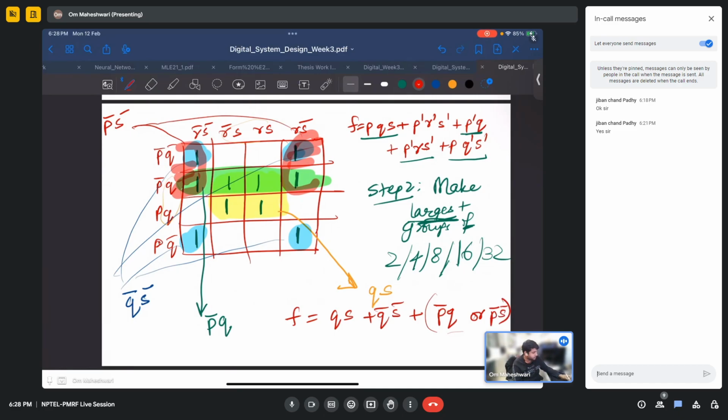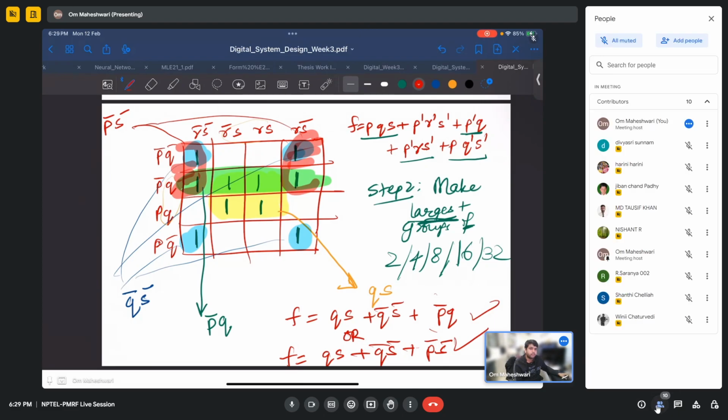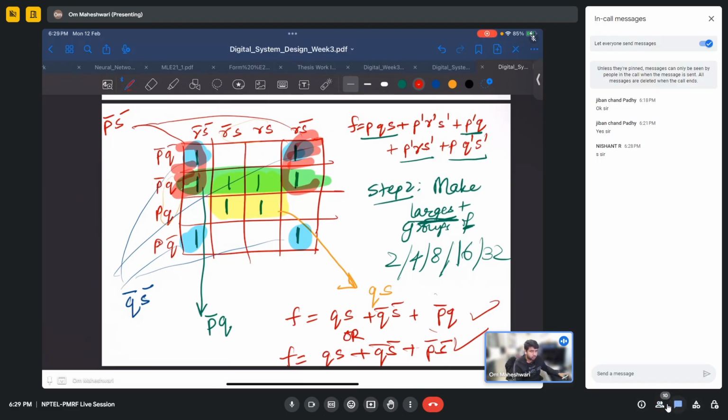So the answer can be this, or F equals QS plus Q bar S bar plus P bar S bar. So both of these are correct. Is this clear how I formed the groups? If there is any doubt, please let me know.